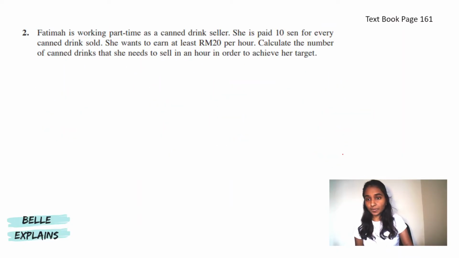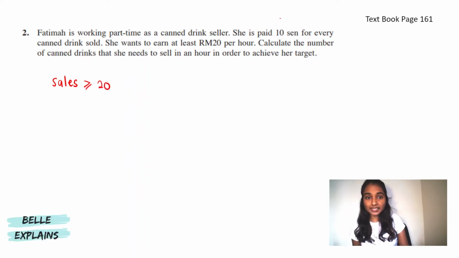Okay, next. Fatima is working part-time as a canned drink seller. She is paid 10 cents for every canned drink sold. She wants to earn at least 20 ringgit an hour. Calculate the number of canned drinks that she needs to sell in an hour in order to achieve her target. Okay, so her sales has to be at least, so more than or equal to 20 ringgit.